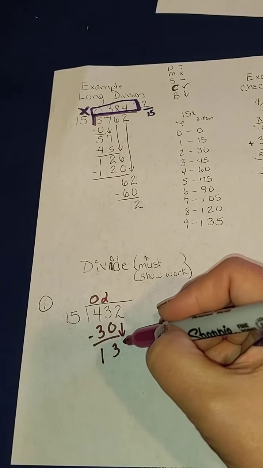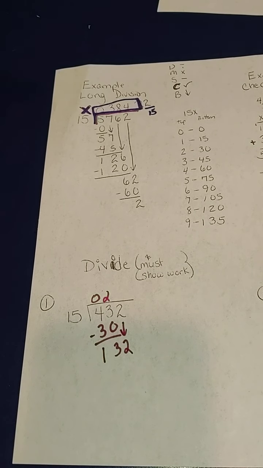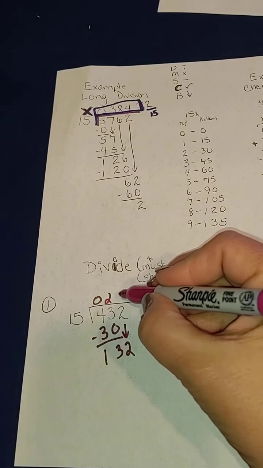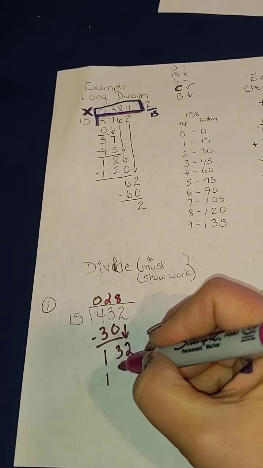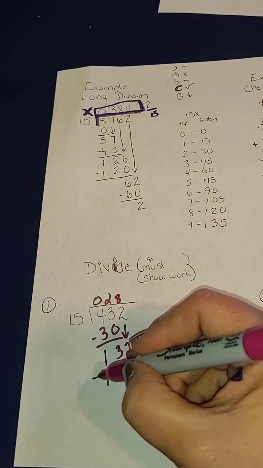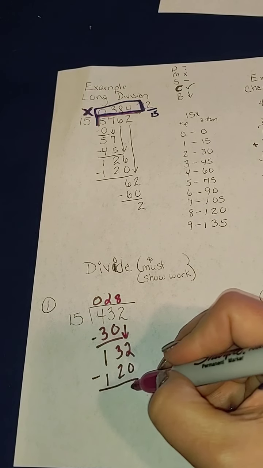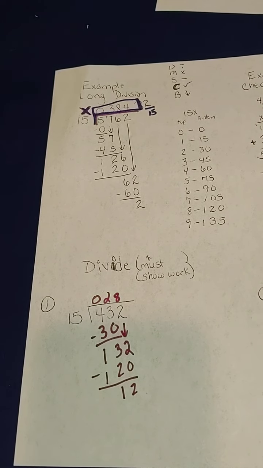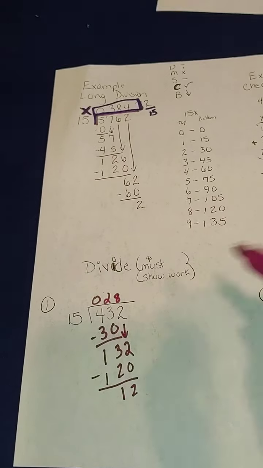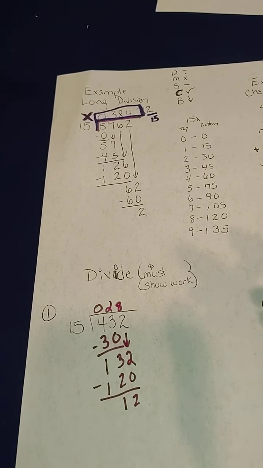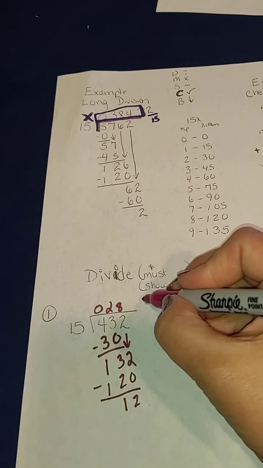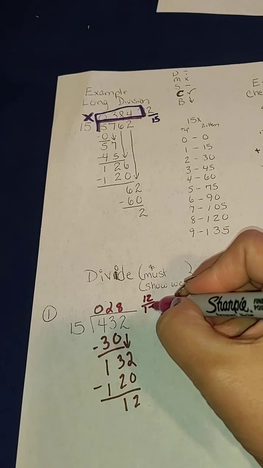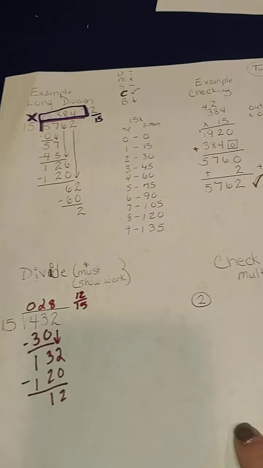Bring down. Now I've got to find 132. Well, 135 is too big, so I'm going with 120. Subtract. Nothing left to bring down. 12 is less than 15. So my answer would be 28 and 12 15ths.